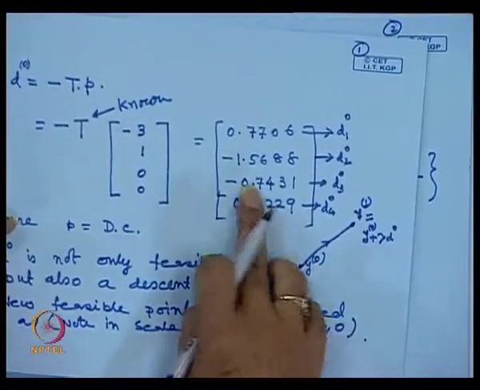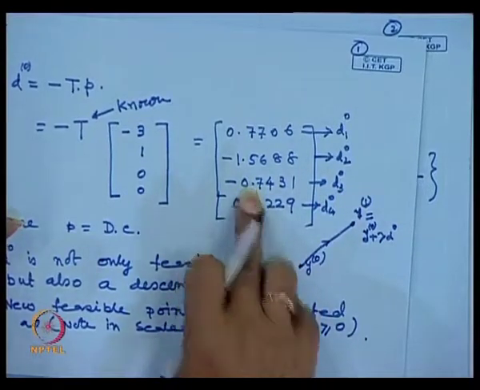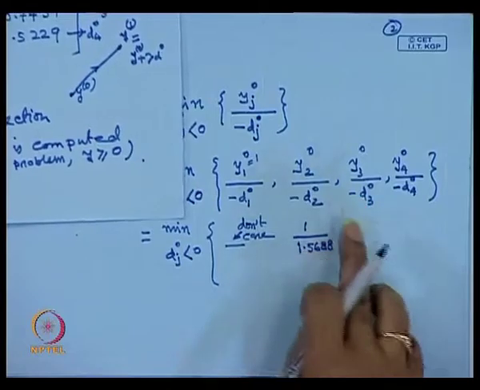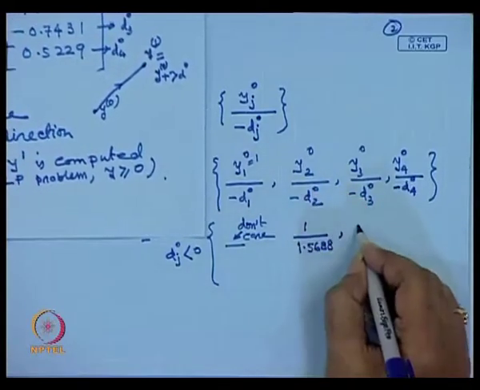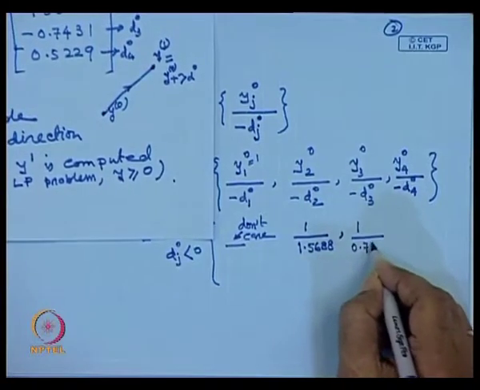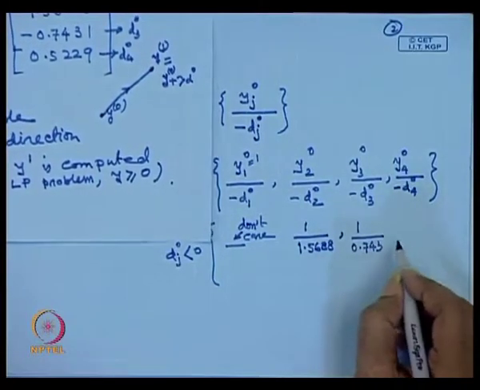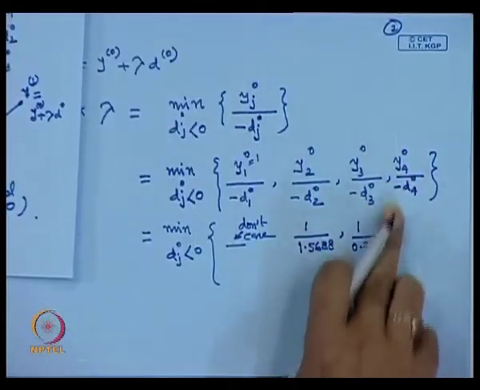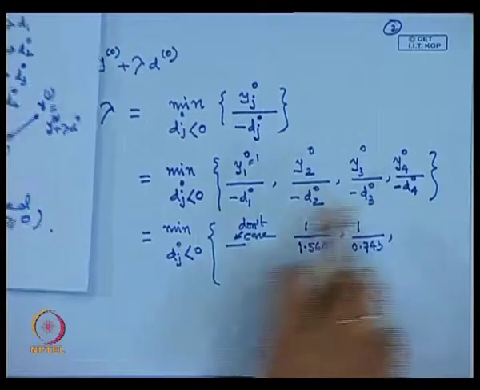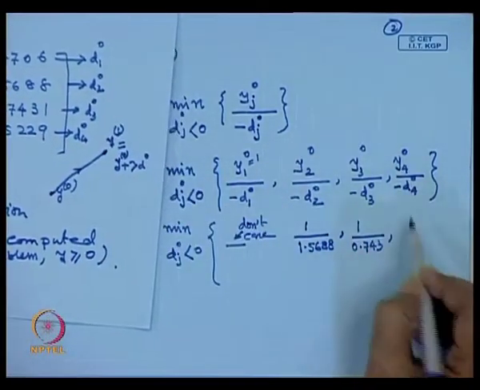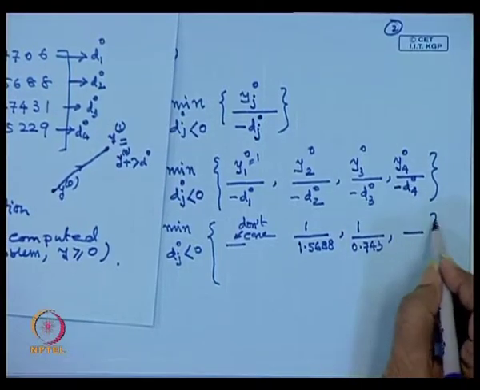Then the d3 value you see is negative and preceded with a minus. So, d3 0 is 1, that will be 0.7431, and the last one is y4 0 is 1, the d4 value is positive. So, the result will be a negative 1. So, it is do not care.